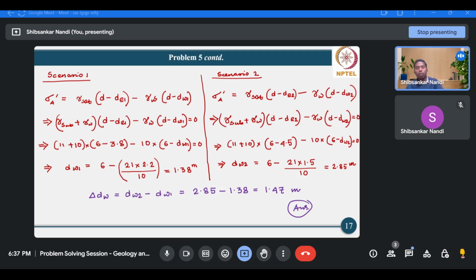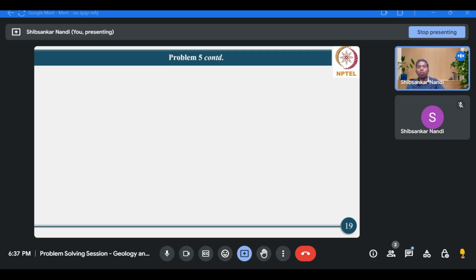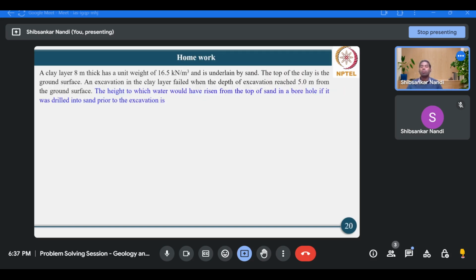Now we'll move on to the homework problem. This homework problem is nothing but the previous problem, that is problem 5, but framed in a different way. In this problem, a clay layer 8 meter thick has a unit weight of 16.5 kilonewton per meter cube and is underlain by sand.